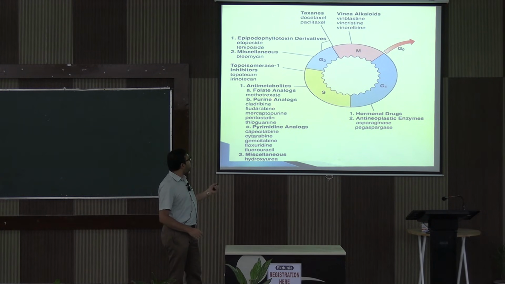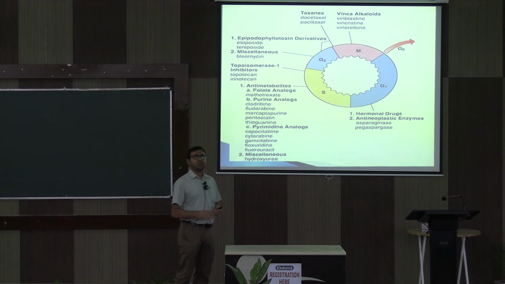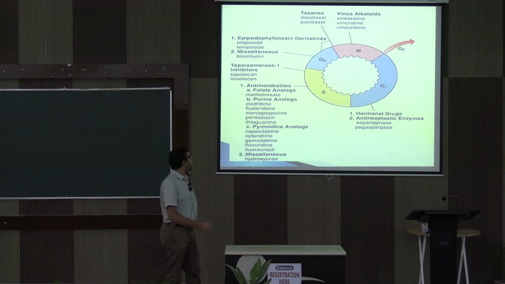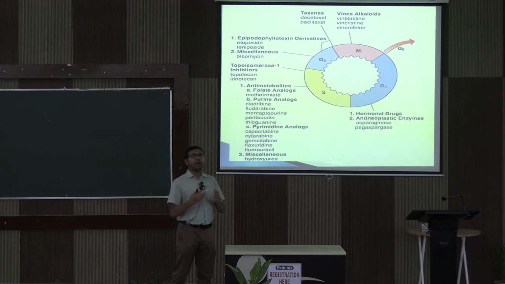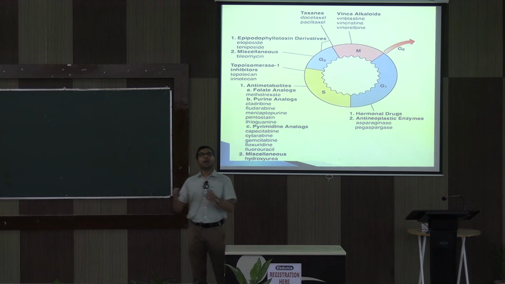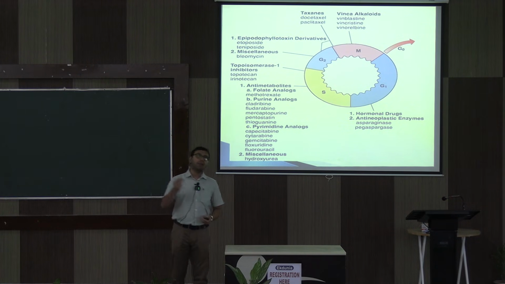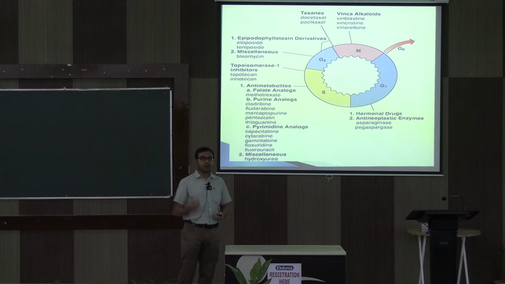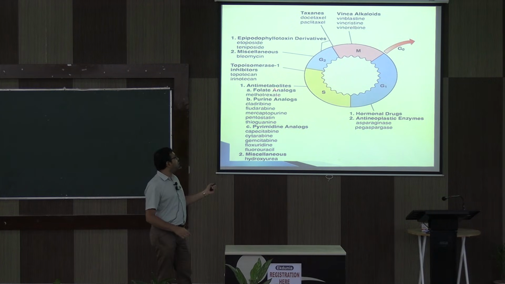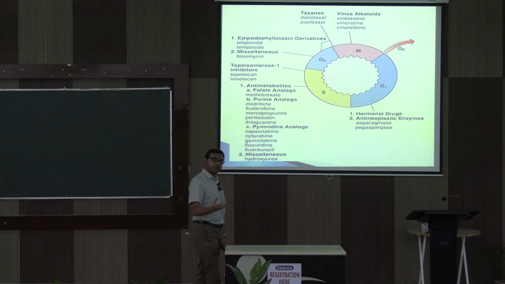Most of the drugs you can see, different types of drugs, are mainly active against the synthetic phase. These are mostly anti-metabolites, that is, they are either blocking the purine synthesis or blocking the pyrimidine synthesis. These purines and pyrimidines are needed for DNA synthesis, that's why. So there may be folate analogs like methotrexate. Already you have read about methotrexate.